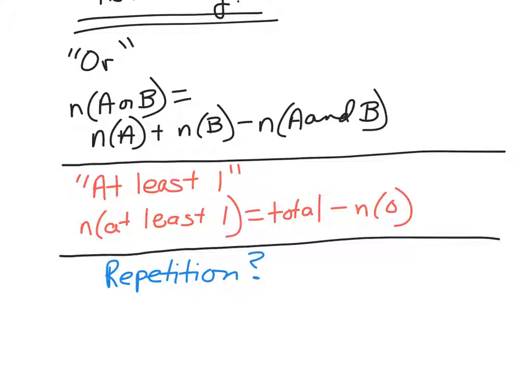Now, if the answer to that is yes, then the first thing you want to do is draw blanks, and 9 times out of 10, that'll be all you need to do. You'll be able to fill in the number of ways each blank can occur, and then multiply those together.